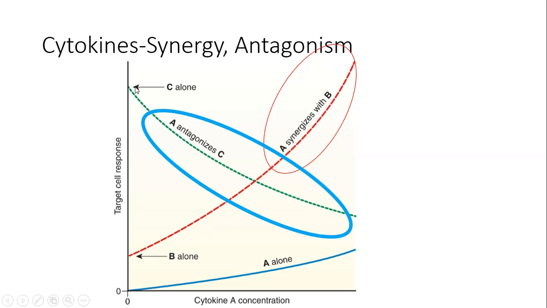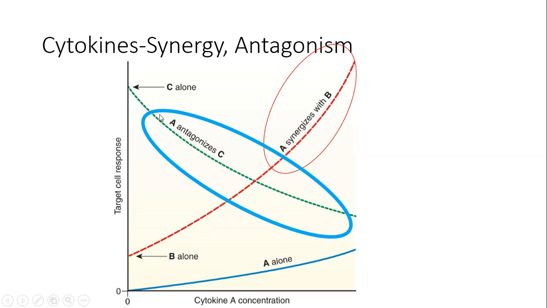Conversely, if we have C, even in very high concentration, or if C is a cytokine that's having an effect on a cell response when it's by itself, it has a very high response to the target. The target cell is overdoing whatever it's supposed to be doing.